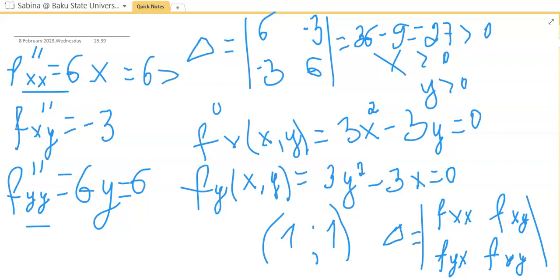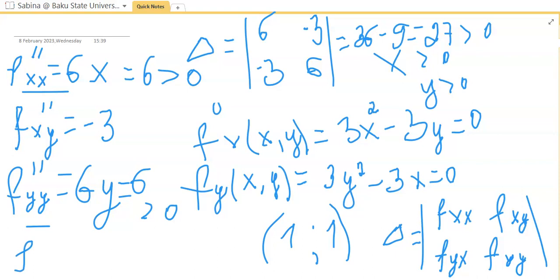As you see, 6 is greater than 0 and here 6 is also greater than 0, then this is minimum point. If, for example, there were negative 5 and negative 7, then it would be maximum point. But in our task, second derivatives of the function are greater than 0, then it is minimum point.